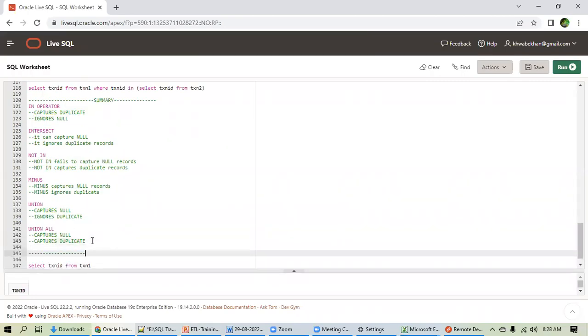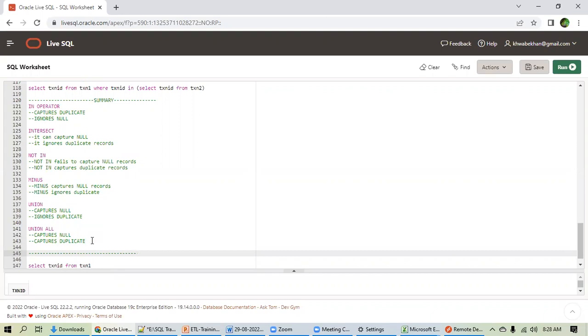Very important point. Now, a question to you guys. Out of these 6 operators: in, intersect, not in, minus, union, union all. If I ask you which operator has inbuilt distinct functionality, what will be your answer? Union.